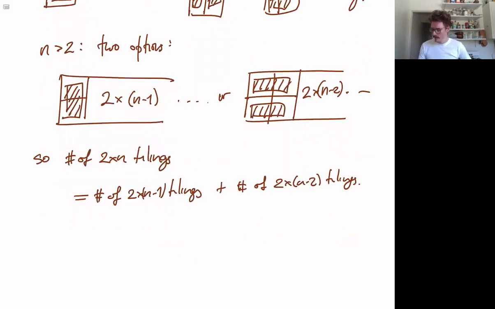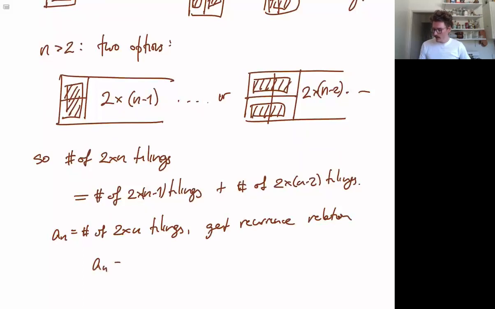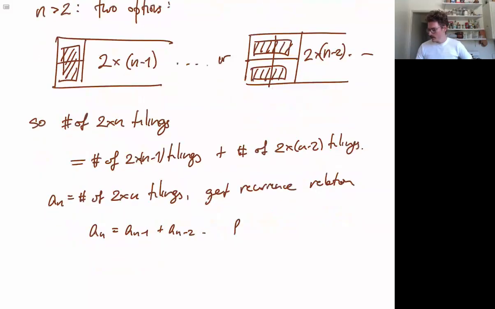And if we write a_n equals the number of 2 by n tilings, we get this recurrence that a_n equals a_{n-1} plus a_{n-2}. And at this point, hopefully, this will look familiar. These are the Fibonacci numbers.